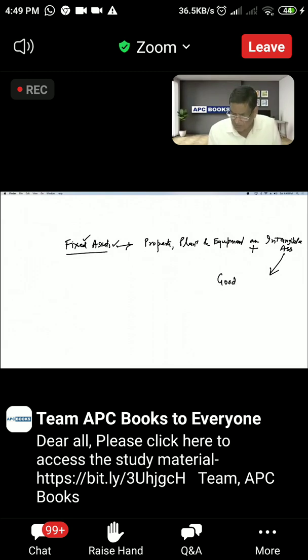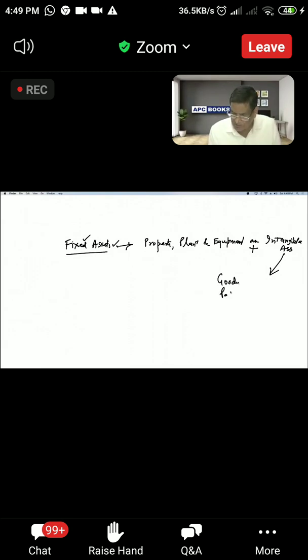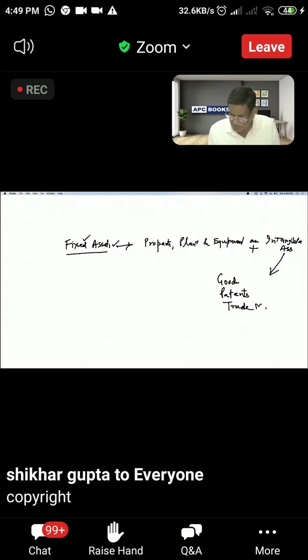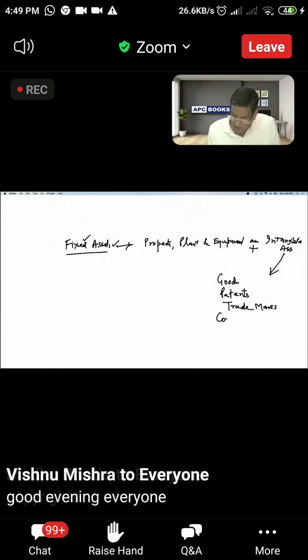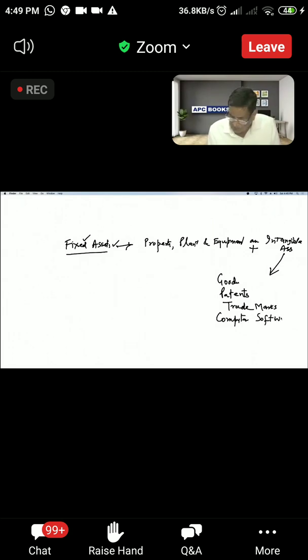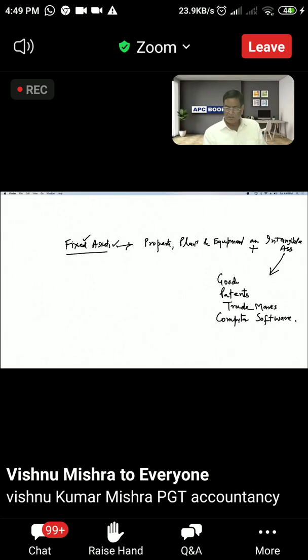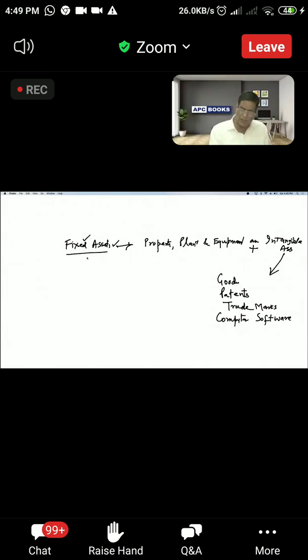Goodwill, patents, trademarks, computer software. Intangible assets means goodwill, patents, trademarks, computer software. They shall be included in fixed assets.